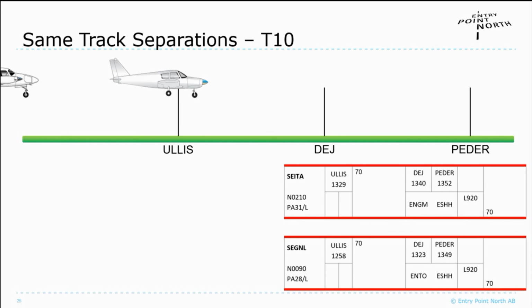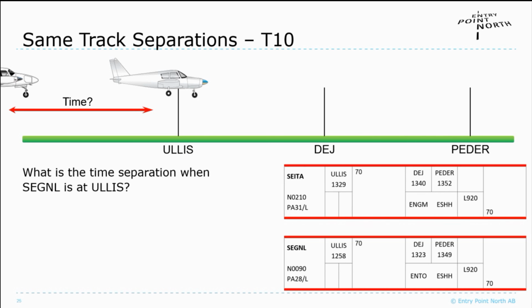So here we have a nice diagram with the Cherokee first, Sierra November Lima is overhead Ulis, and Sierra Tango Alpha is quite some distance behind. So, first thing to think about, what is the time separation when Sierra November Lima is at Ulis? When we look at the time separation, we're talking about how long does it take for the second aircraft to get to the point where that first aircraft was.